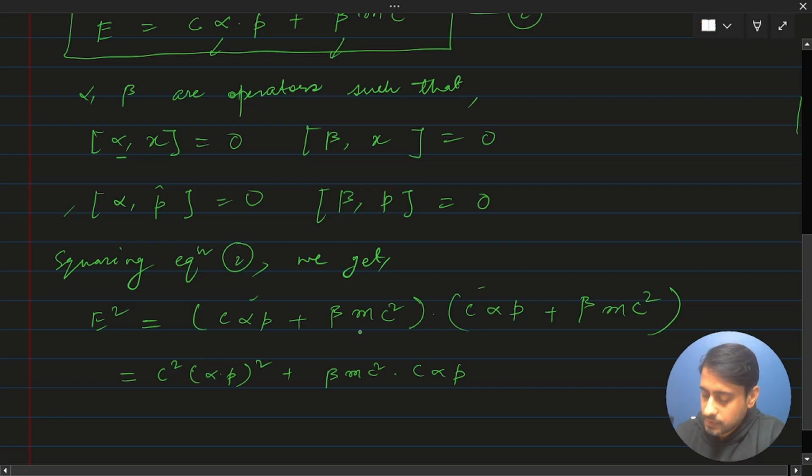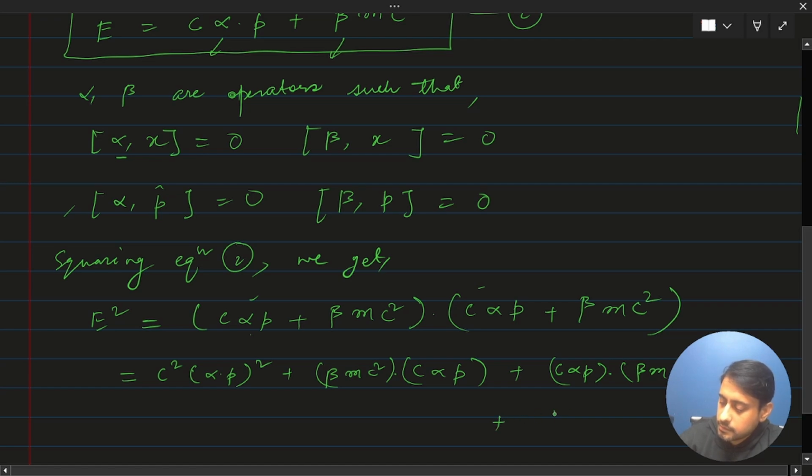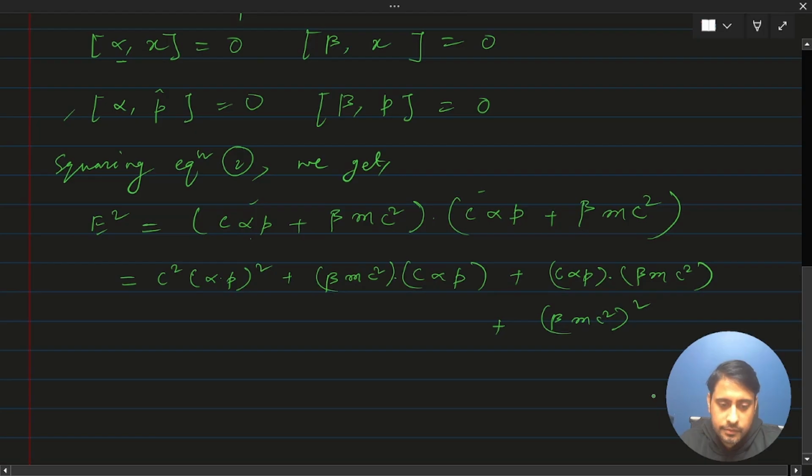These are two terms. Then we have c alpha p multiplied with beta mc², and then the last term, beta mc² the whole square.